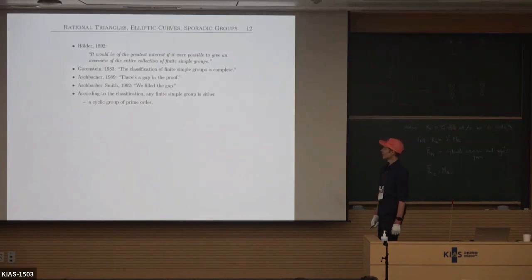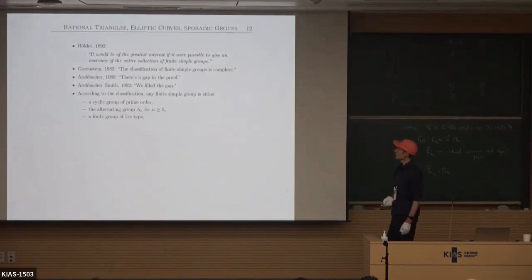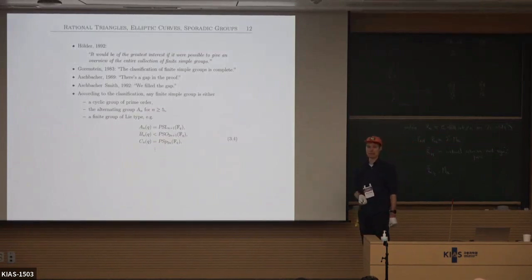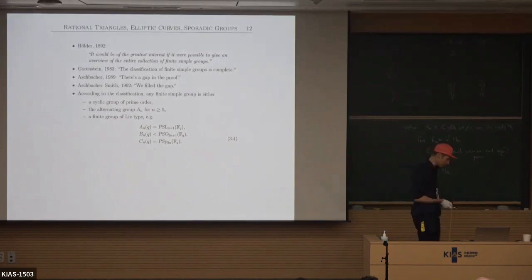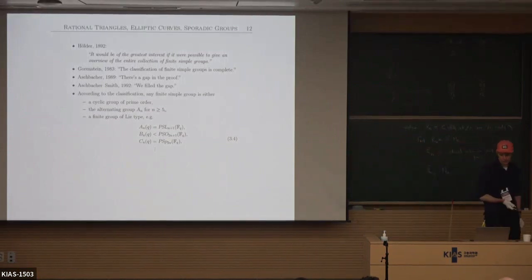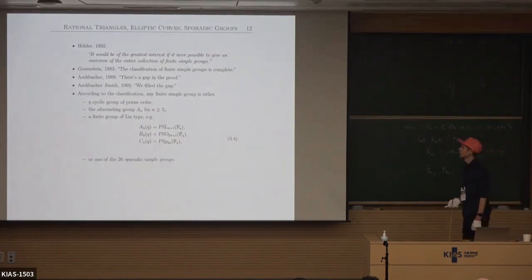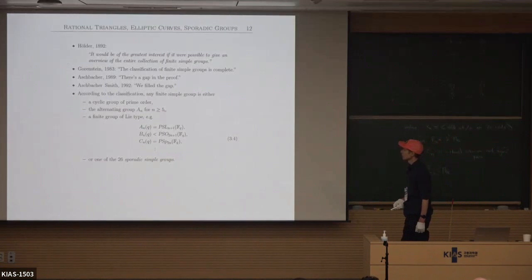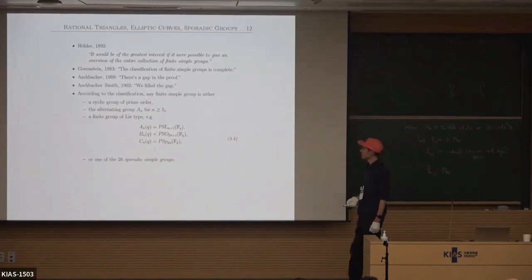So the finite simple groups are exactly the things you expect them to be: apart from cyclic groups of prime order, the alternating groups for n sufficiently large, and the finite groups of Lie type. What you expect, basically, is that if you have a finite simple group, then it's a Lie group written down over a finite field. And these sporadic simple groups are the exception to that expectation.